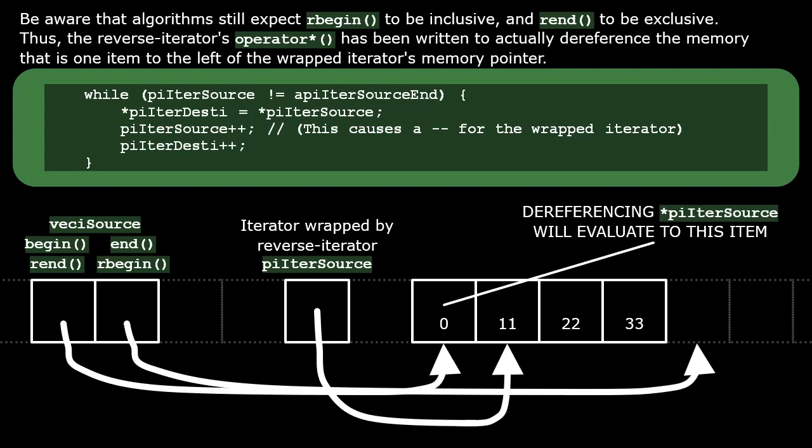That rEnd position is the same as an ordinary begin position. Since we're moving backwards, the position prior to that is begin +1. A reverse iterator's dereferencing will access memory that's one item to the left of that begin plus 1. As a result, the final item we dereference will correctly be the collection's first item.